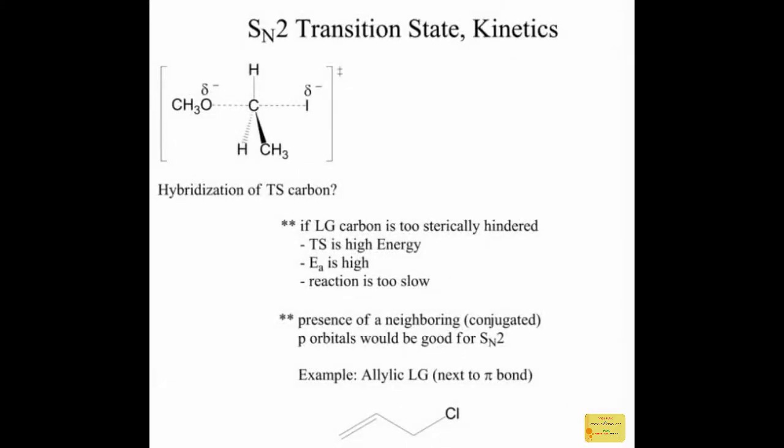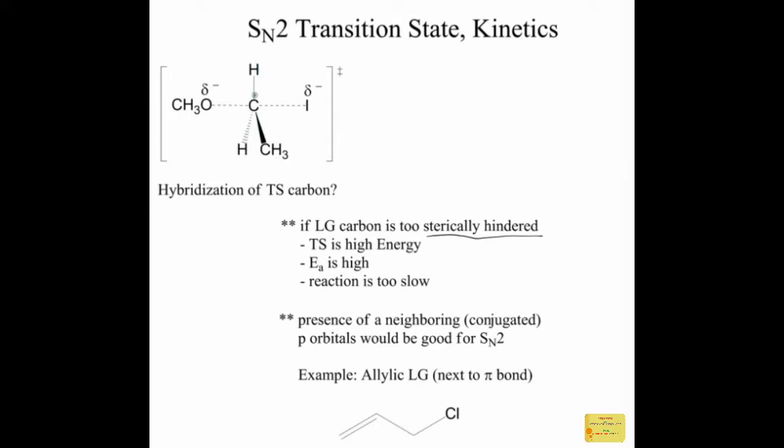Now let's think about this transition state and consider its implications in the kinetics that we just learned about. The fact that sterics, right? If the carbon bearing the leaving group is too sterically hindered, what effect is that having on the reaction? Well, that means that instead of a hydrogen and a carbon, let's say all three of these were carbons, it was a tertiary carbon.